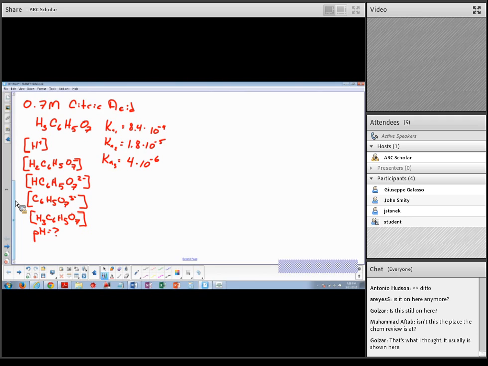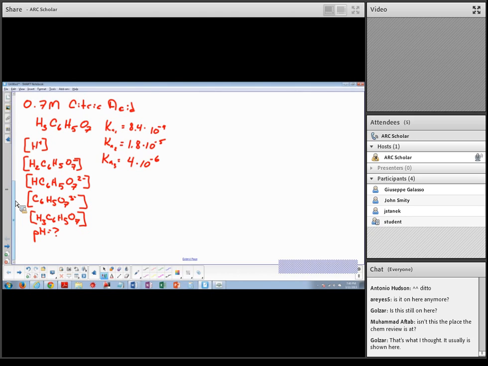So the thing to remember with polyprotic acids is that they happen in steps. Ka1 is going to happen, you're going to release the first proton. Then you're going to take the conjugate base of that, one negative charge, and it's going to release another proton, according to Ka2.